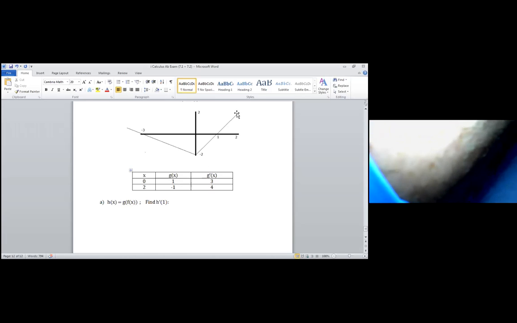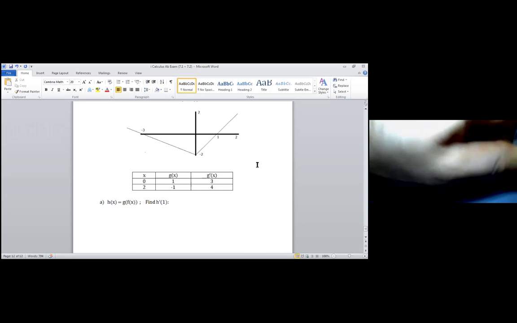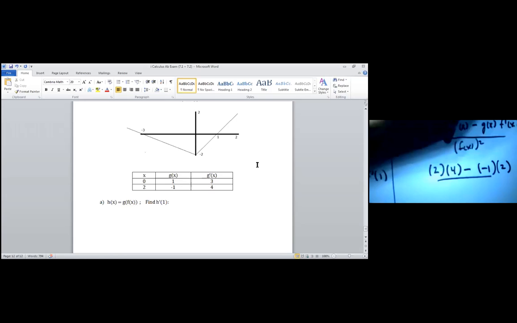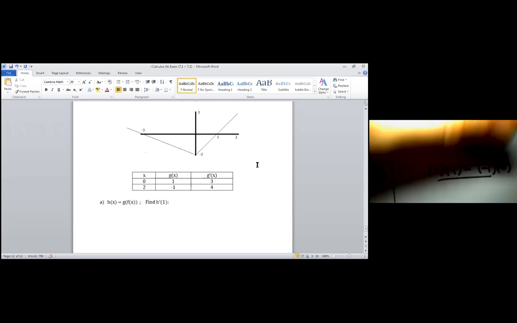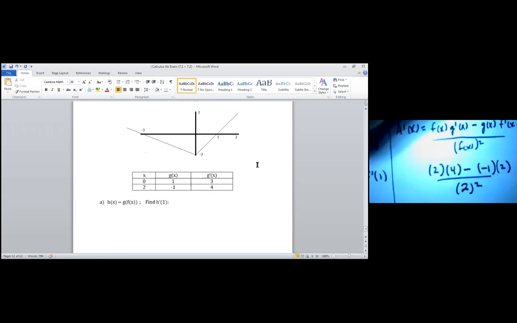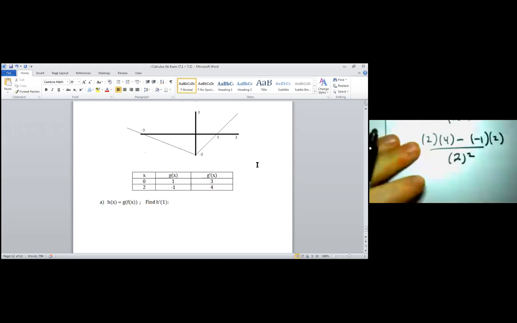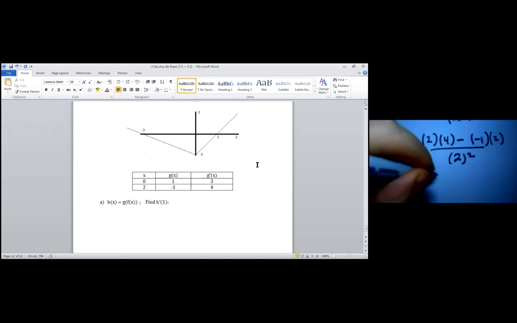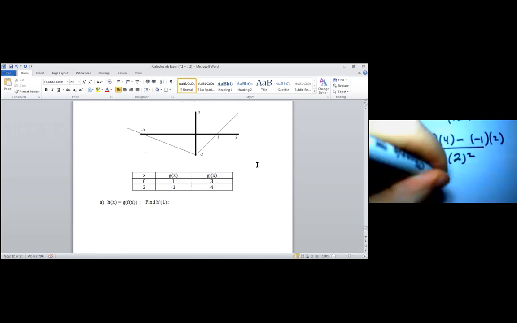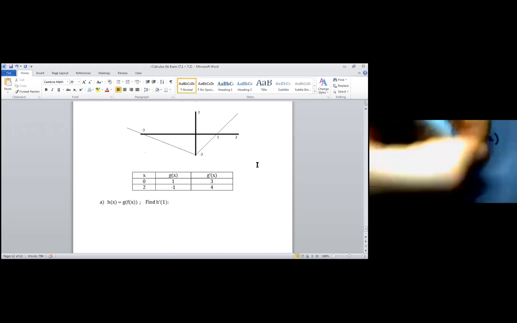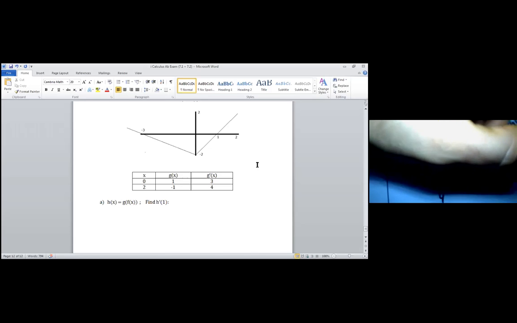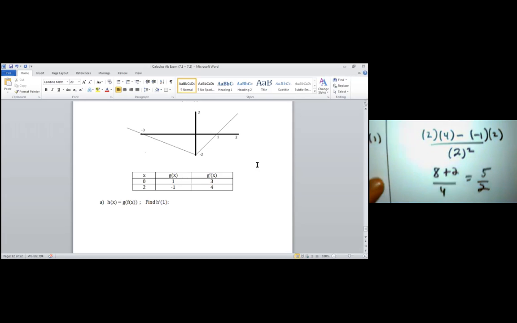So even though it's at the end point, that's still part of this line, so that still has a slope of 2. And then on the bottom, F of 2 is 2 squared. You can leave your answer just like that, but we can figure it out if you like. That would be 8 minus minus is a plus, over 4. That's 10 over 4, 5 over 2.